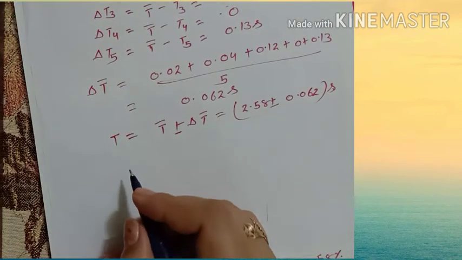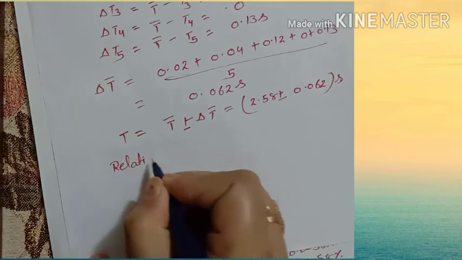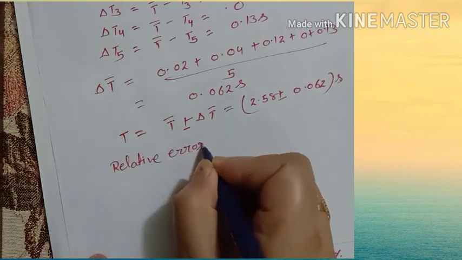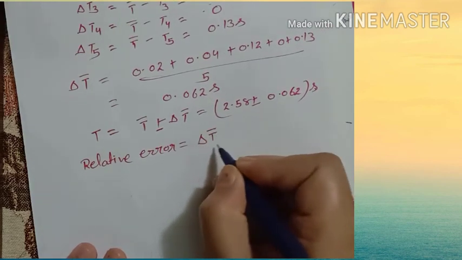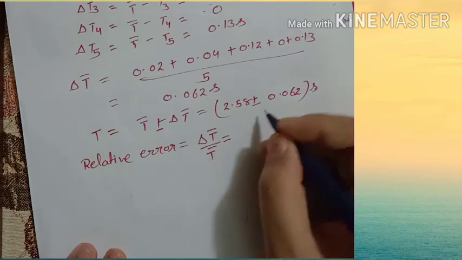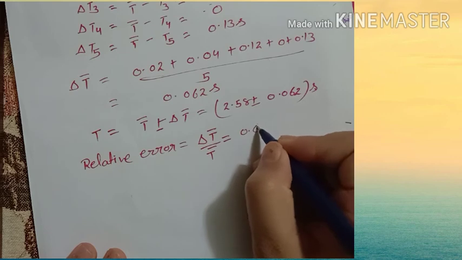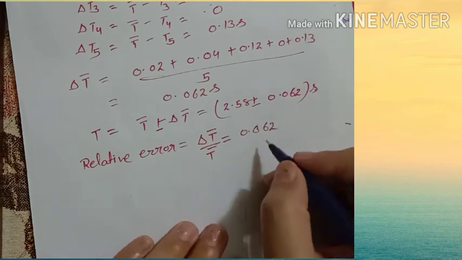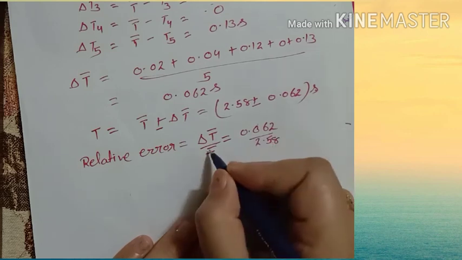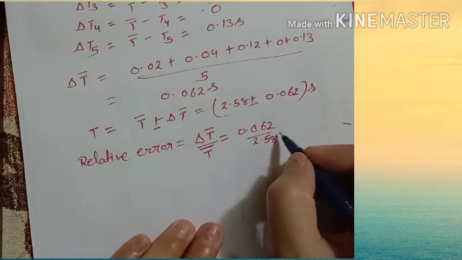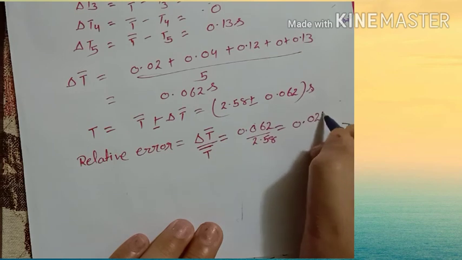And now relative error. This will be equal to delta t bar divided by t bar. So this will be equal to 0.062 divided by 2.58. Right, and when we solve it, we have the value 0.024.